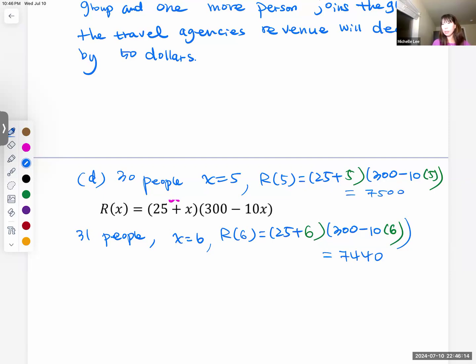They ask us the difference between that. So R of 6 minus R of 5. Then 7,440 minus 7,500, so that will be negative 60.